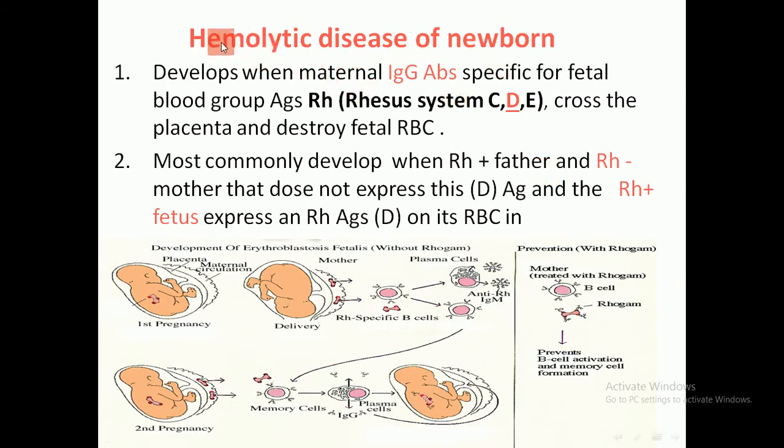Another example is hemolytic disease of the newborn, and you must concentrate and pay attention. It is hemolytic and not hemorrhagic. There is hemorrhagic disease of the newborn, and here it is the hemolytic disease of the newborn.